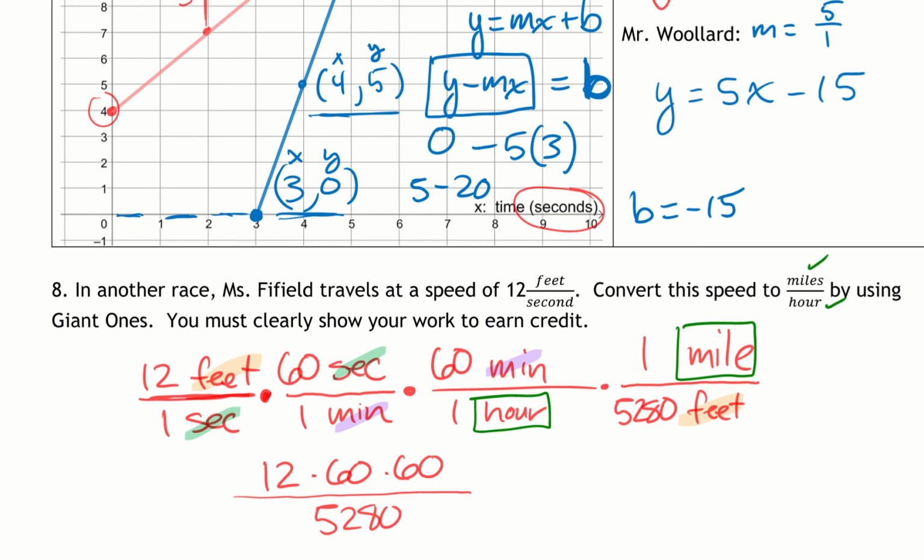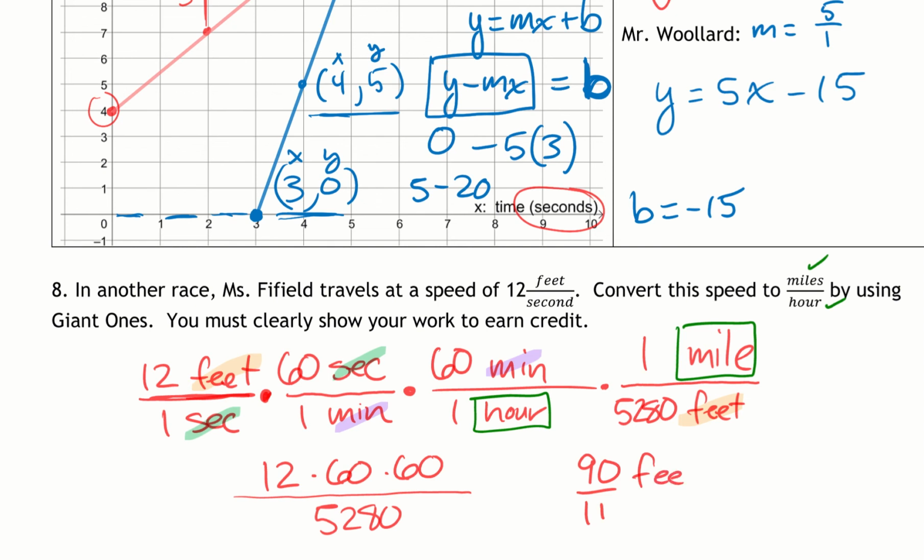So I'm going to grab a calculator, and maybe you want to grab your own calculator, but I'm going to use the fraction template. In my numerator, I'm going to enter 12 times 60 times 60, and in my denominator, I'm going to enter 5280. When I do that, my calculator says that reduces to 90 over 11.